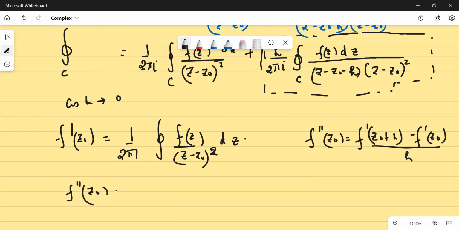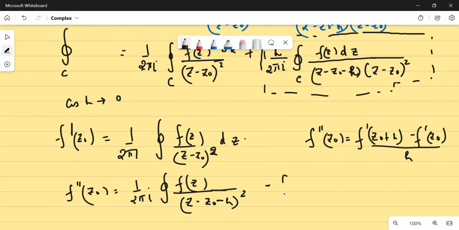So f double dash z naught will get 1/2 pi iota integration. Let us just do it once. So f z, let us do it right here, z minus z naught, I think minus h whole square, minus f z upon z minus z naught whole square, right, dz, and there is a 1/h also, right.